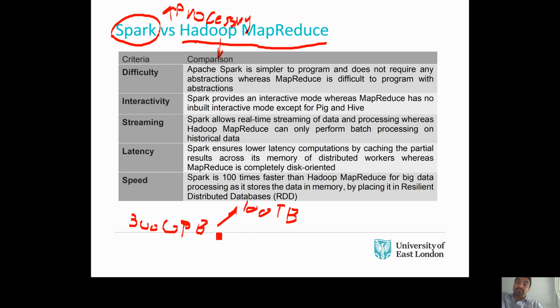I think with this price, you can buy something like 64 gigabyte RAM. This is hard disk, right? And this is memory. So guys, can you see the big difference between Hadoop and Spark based on 300 pounds?